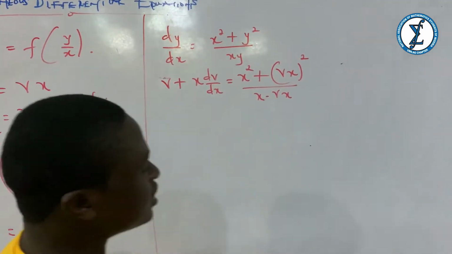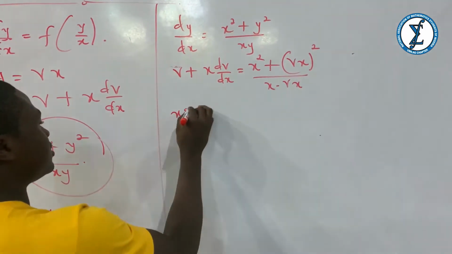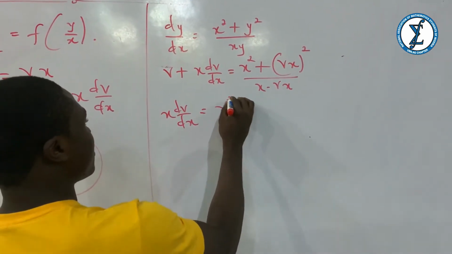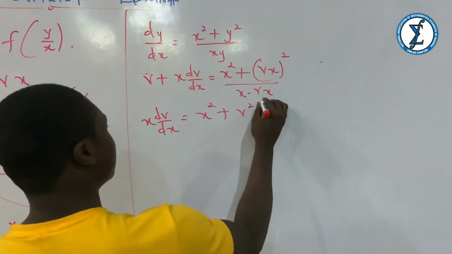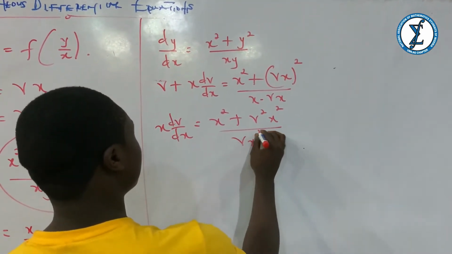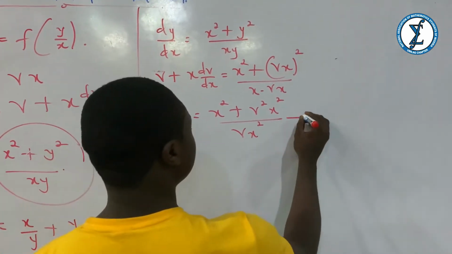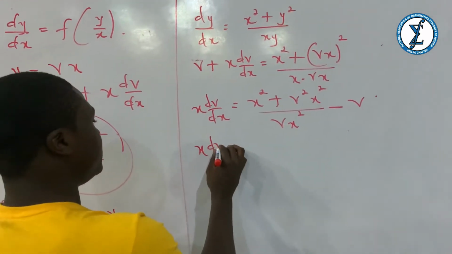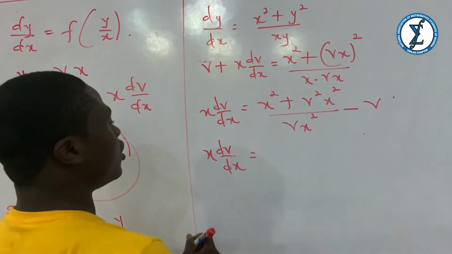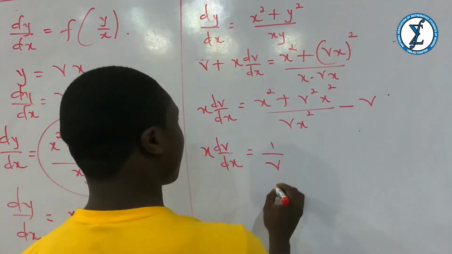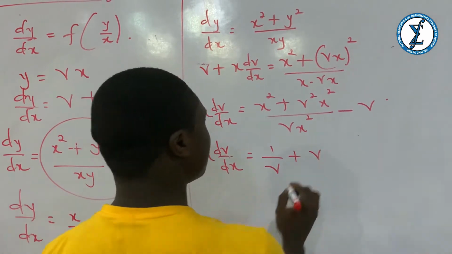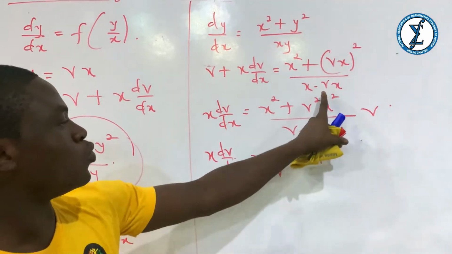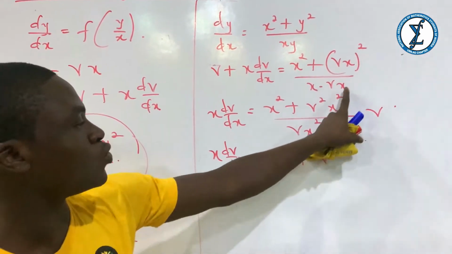So let's simplify. x dv/dx becomes (x squared plus v squared x squared) over vx squared, minus this v here, which goes to the other side. x dv/dx becomes 1 over v plus v, minus v. x squared divided by x squared becomes 1 over v. v squared over v removes one v, I have one v left, times x squared over x squared, that's v.